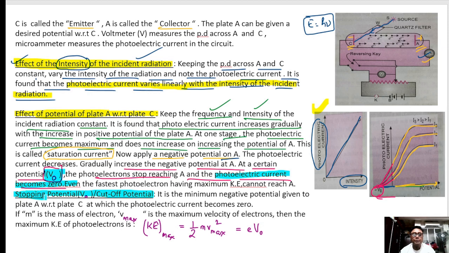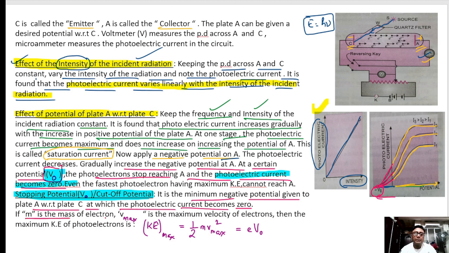What is stopping potential or cutoff potential? It is the minimum negative potential given to plate A with respect to C at which the photoelectric current becomes 0.